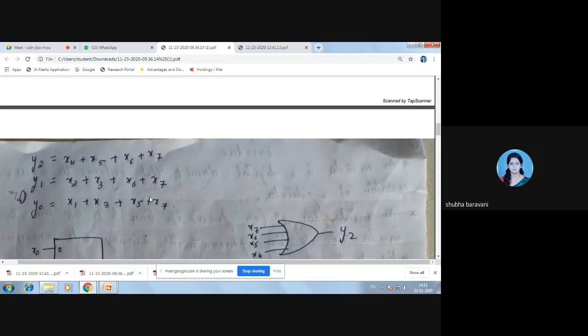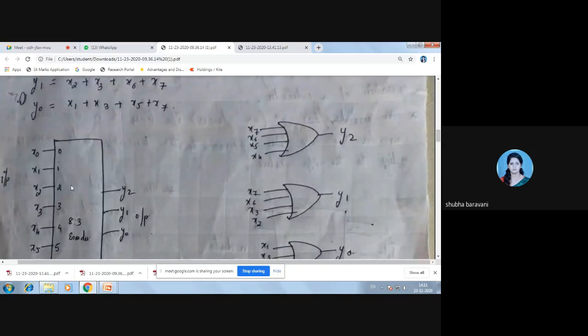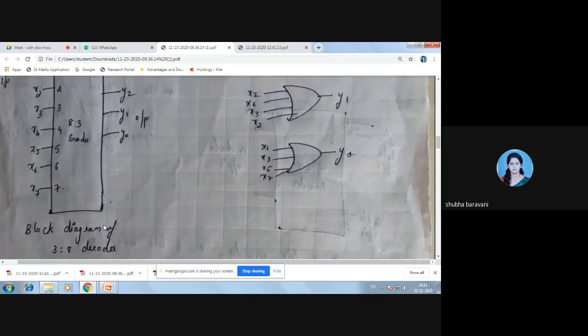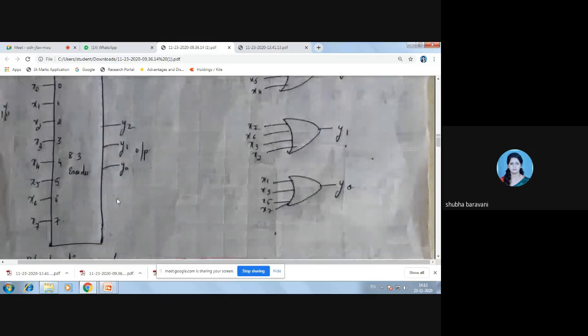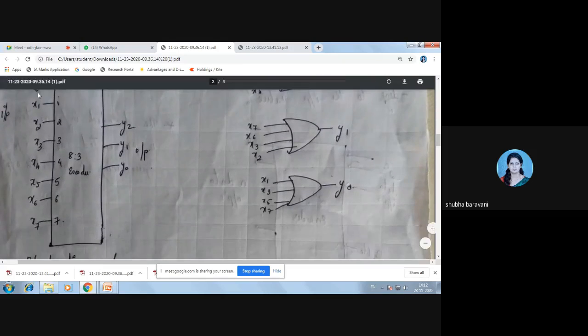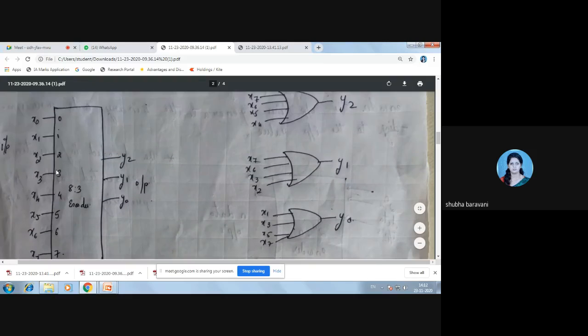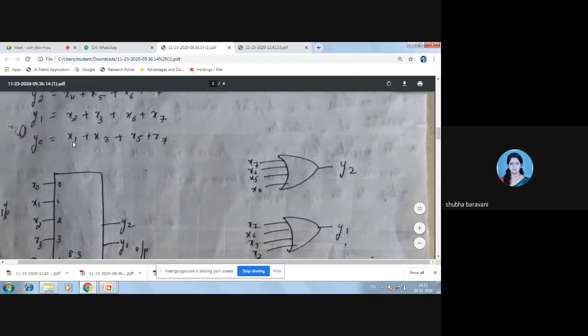Okay, right. So depending on this, see, this is the block diagram which I put for, sorry, it has to be an 8 to 3 encoder. Okay, you rewrite here, you correct it, make the correction. It is an 8 to 3 encoder. Okay, so see, input I have given 8, x0 to x7, 8 inputs, and I have got 3 outputs, y0, y1, y2. y0 is x1 + x3 + x5 + x7, written here, see.